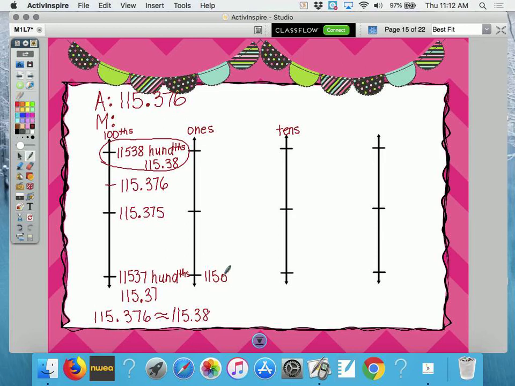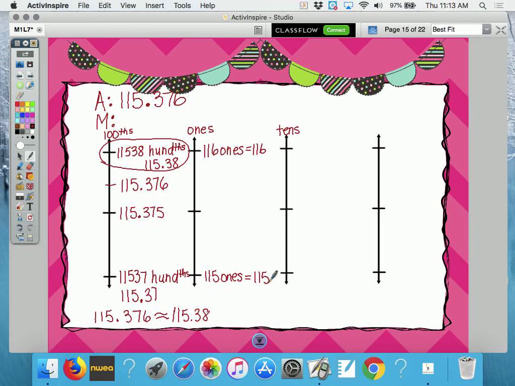I like the ones. What comes after 115? 116. So every time, boys and girls, you write unit form, equal sign, and then standard form. Okay?